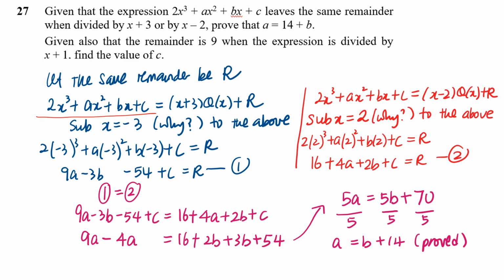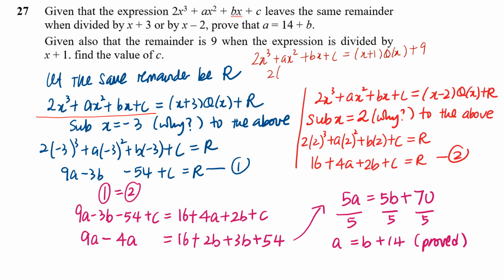The remainder theorem. So it means that 2x cubed plus ax squared plus bx plus c is equals to x plus 1 times quotient. The remainder is 9. So here I'm going to let x equals negative 1. Again, go and ask yourself, why is it I let x to be negative 1?